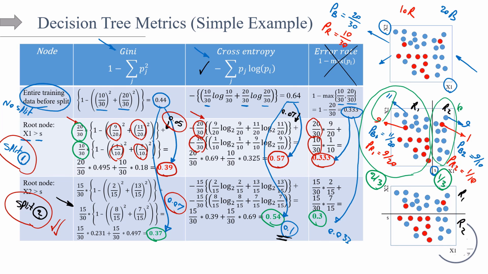For cross entropy, it's 10 versus 7, and for error rate it's this number versus almost 0, right? So overall, what is the takeaway from this slide? The winner between split 1 and 2 is going to be split 2, and cross entropy is the most sensitive measure to the impurity index. So cross entropy is more sensitive than Gini, and then we're not going to deal with misclassification error rate.